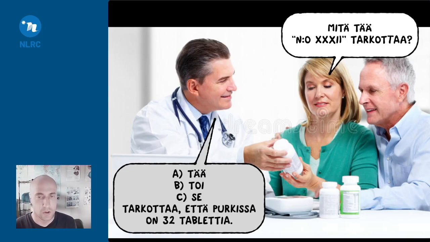And if they are still holding it, or if it's more associated with them, then it's fine to say se tarkoittaa, it means that there are 32 pills in the jar or in the container. Or if the doctor or the nurse grabs it, then they might also say, tää tarkoittaa, että purkissa on 32 tablettia. This means there are 32 pills there, or tablets.